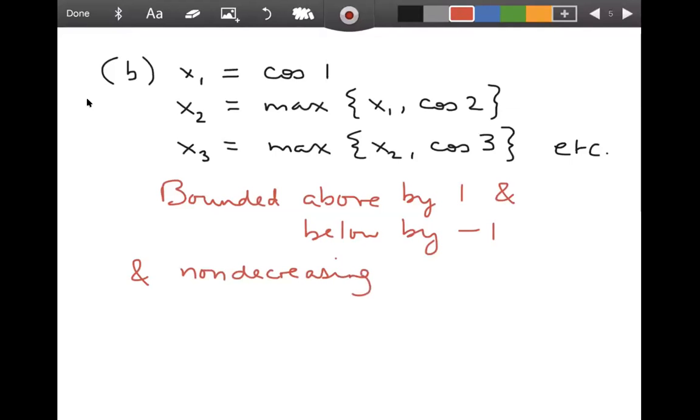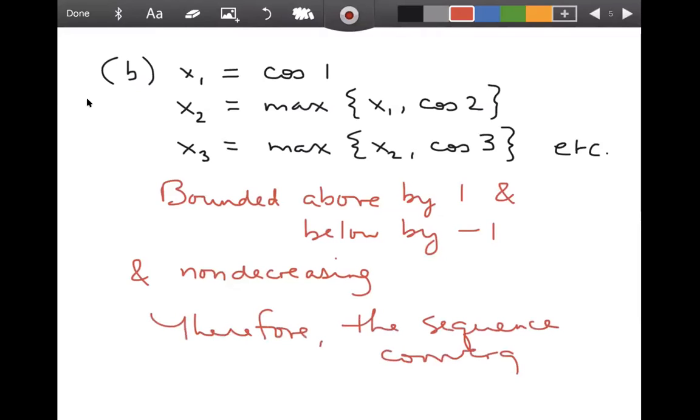The second term is either cosine 1 or cosine 2, whichever is bigger, happens to be cosine 1. The third term is either cosine 1 or cosine 3, whichever one is bigger, happens to be cosine 1 still. So the terms of this sequence never get smaller, they can only get bigger, all right? Therefore, this sequence converges.